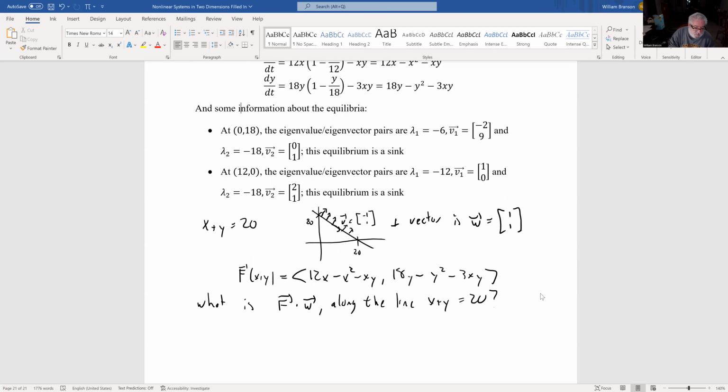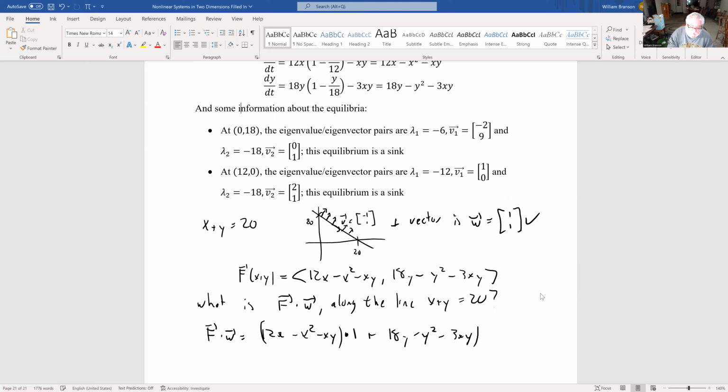Well, you take F dot w, and that'll be 12x minus x squared minus xy times 1, plus 18y minus y squared minus 3xy times 1.